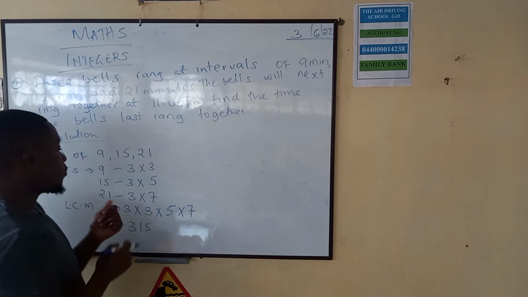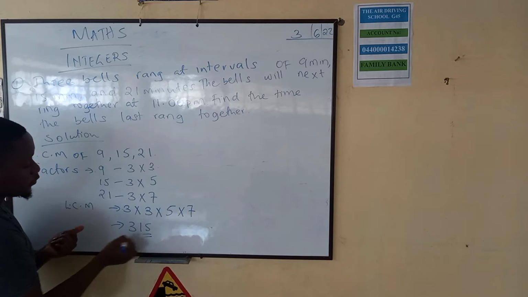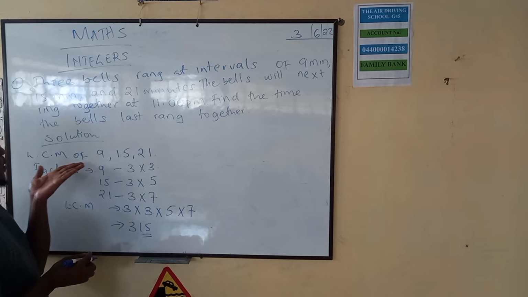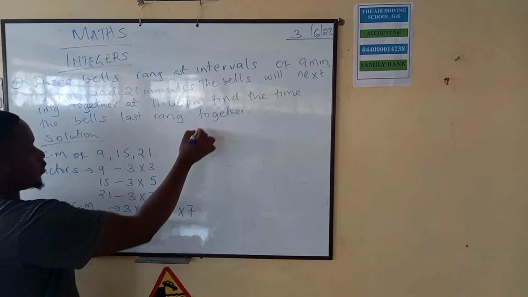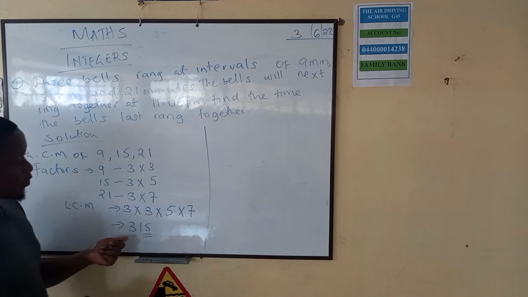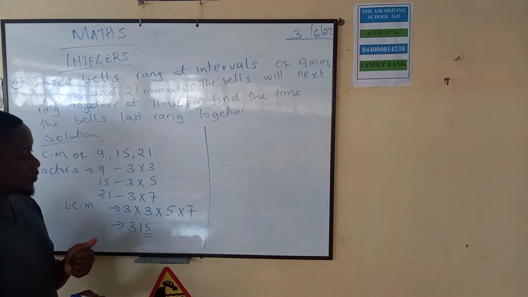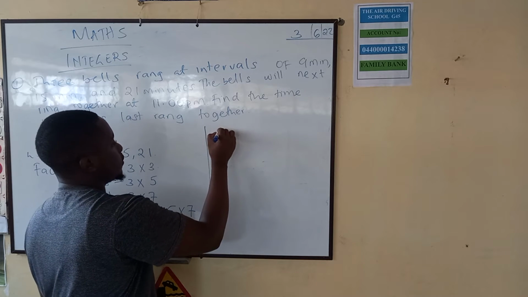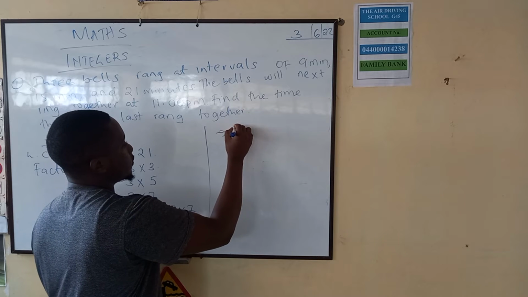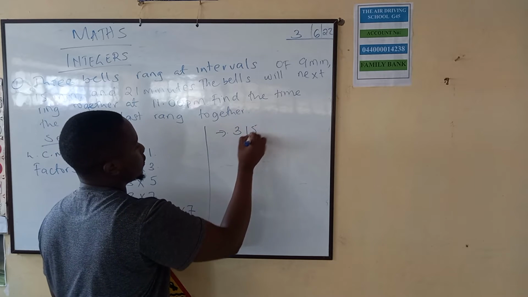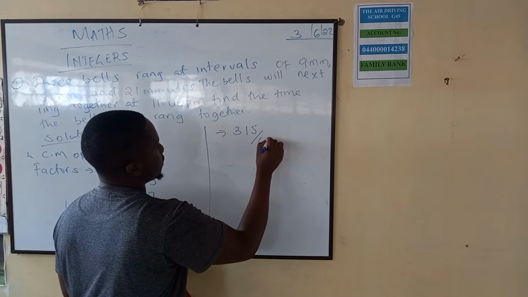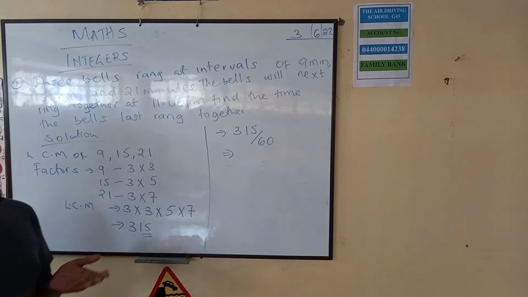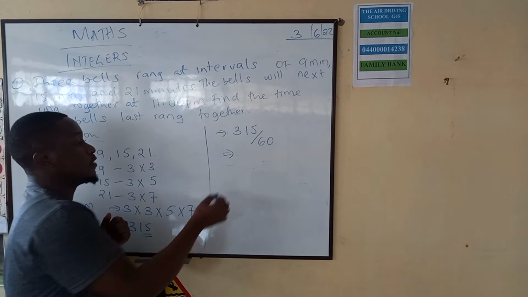We found 315, but we are finding the LCM of the minutes, so we'll convert them into hours. We'll find 315 divided by 60, because 1 hour is equal to 60 minutes.